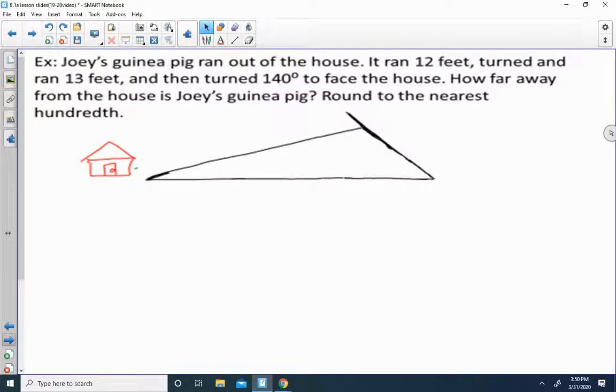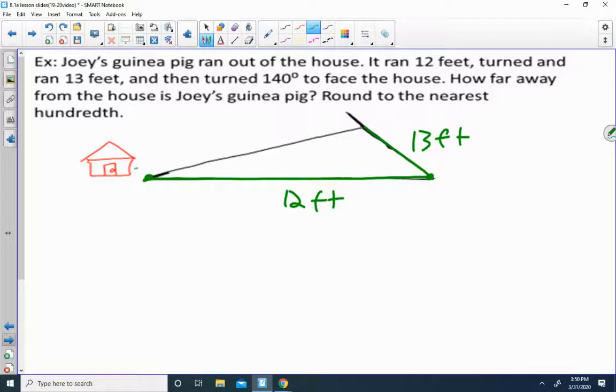Joey's guinea pig ran out of the house. So right here, it runs out of the house. It's going to run 12 feet this way. Then it's going to turn and run 13 feet in this direction. And then once it's right here, it's going to turn its head 140 degrees so that it now faces the house.